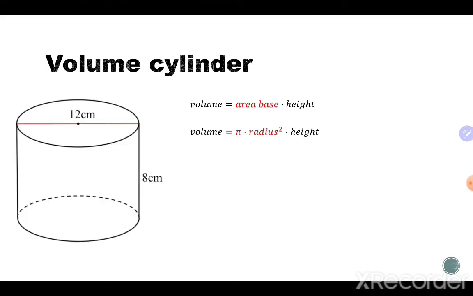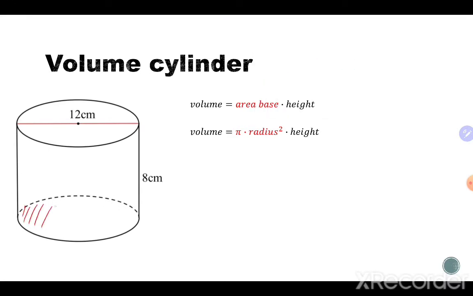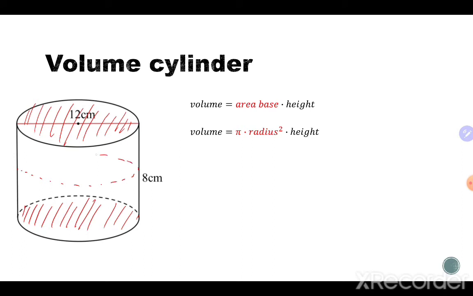There you go. This is my cylinder. And we can even say that to calculate the volume of the cylinder, we need to do the area of the base times the height. And why? Because the area of the base, this circle on the ground, is exactly the same as the circle at the top, and even exactly the same as the circle in the middle.